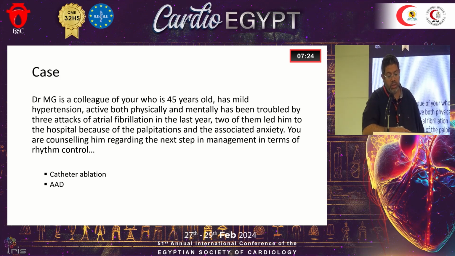He has been troubled by 3 attacks of atrial fibrillation in the last year. 2 of them led him to the hospital because of palpitations and the associated anxiety. You are counseling him regarding the next step in his management, and the options are: would you go for catheter ablation, or would you start off with antiarrhythmic drugs? Quick show of hands. Who would prefer catheter ablation for this patient?